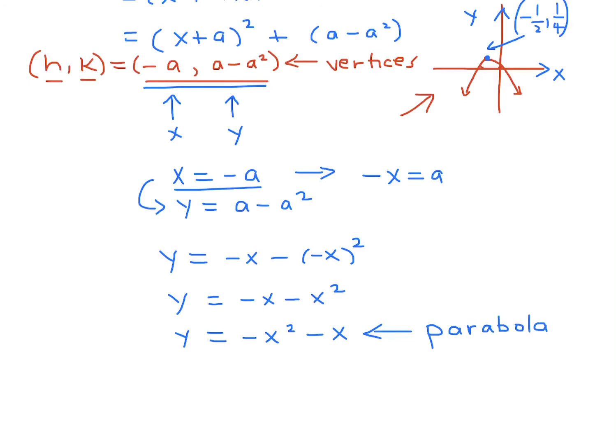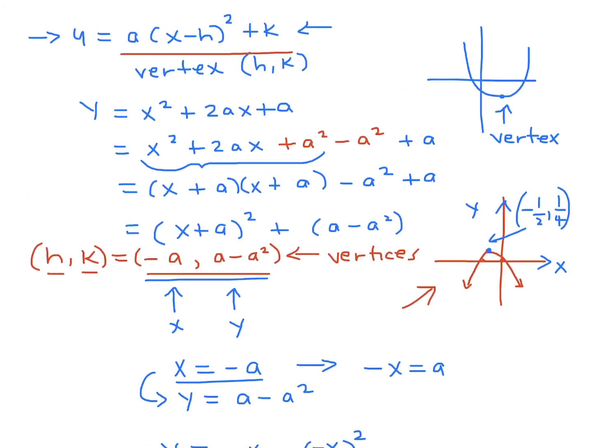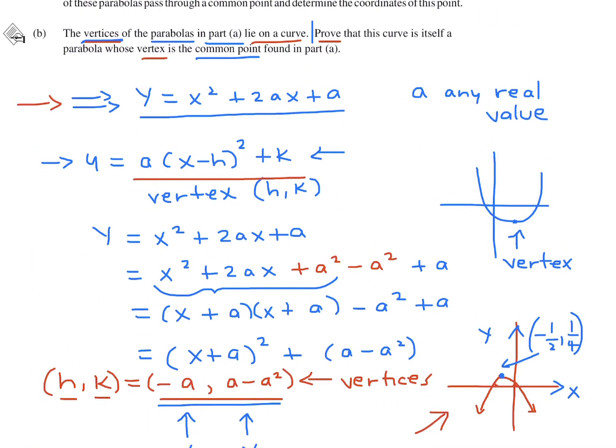Parabolas have this form, ax squared plus bx plus c, right? Parabolas always look like this. Ax squared plus bx plus c. And that's the form. In our case, a is -1, b is -1, and c is 0. All right? So we proved the first part, which is saying right here, prove that this curve itself is a parabola. And now the final part is, whose vertex is the common point found in part A? This is the vertex.